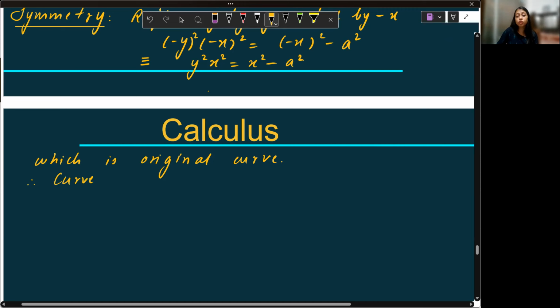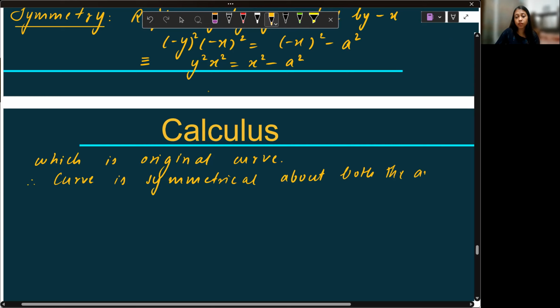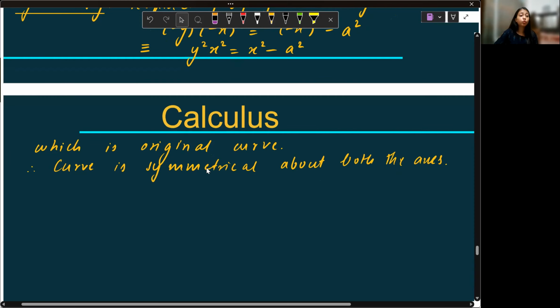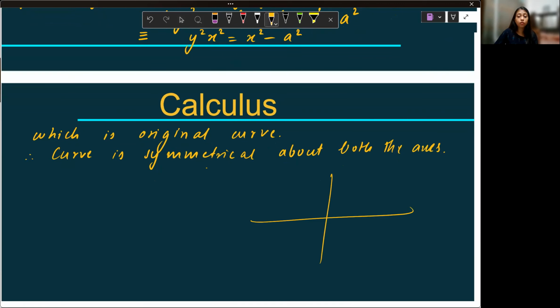When this kind of situation occurs, the job becomes very easy. I'll tell you why. Therefore, the curve is symmetrical about both the axes. So why does the job become easy? Because now I don't have to figure out the nature of the trace in the whole R2 plane, because it is already symmetrical about the y-axis.